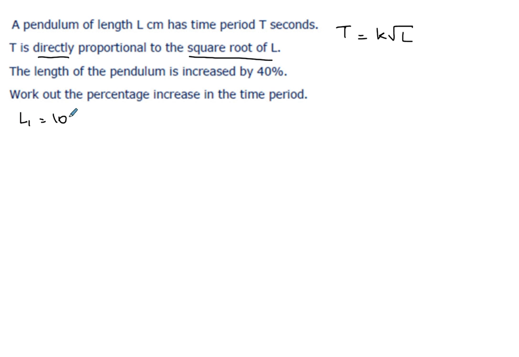Okay, so if it's increased, then let's make L1 100. And then when we try L2, it'll be plus 40%. Yeah, so it will be 140. Okay, and I'm just making up a value for K, and K, 2 is just such a nice friendly number. Okay, all right, so let's go try what T1 would be.